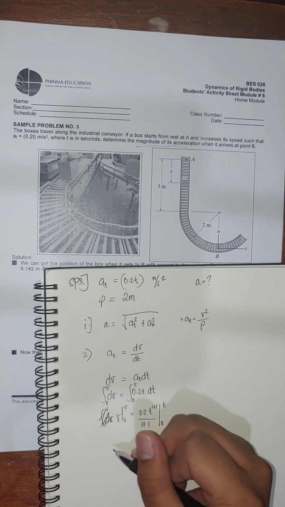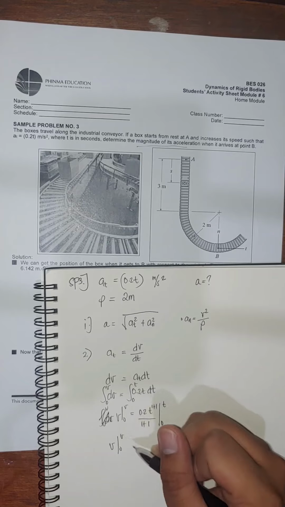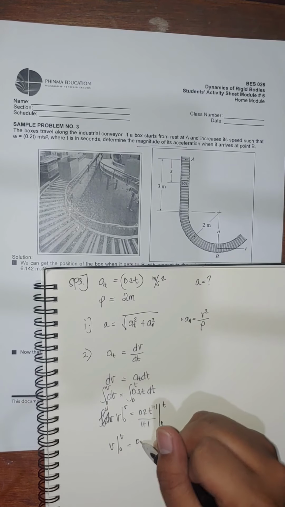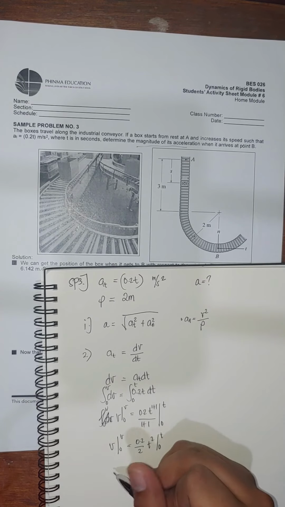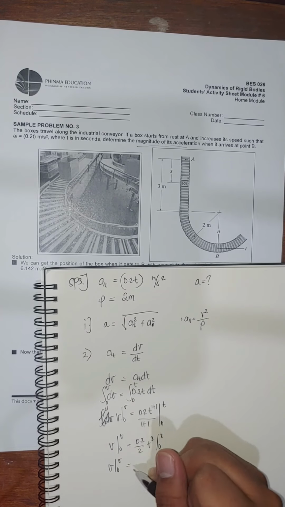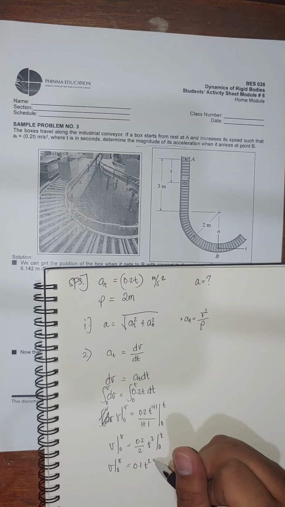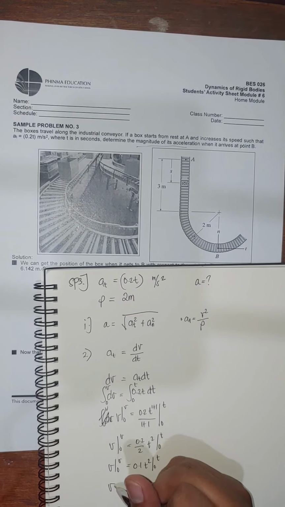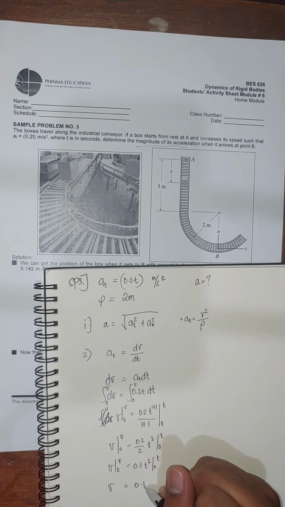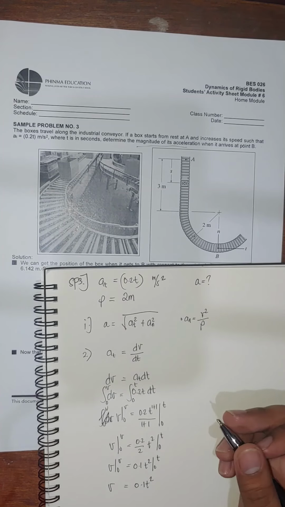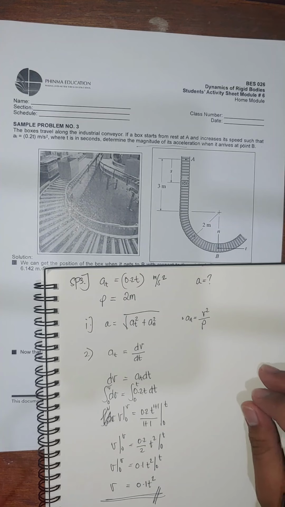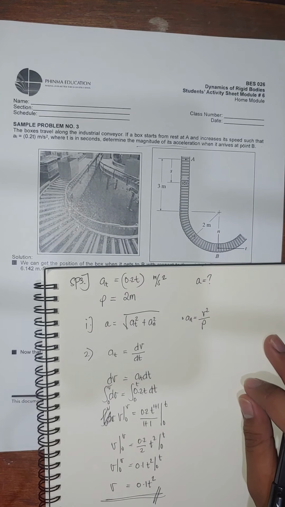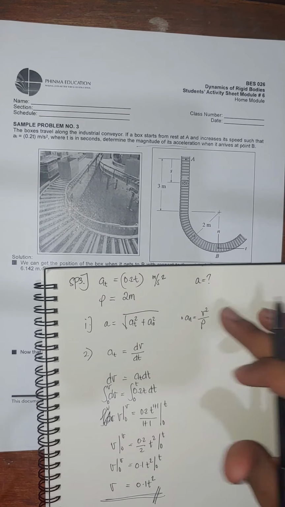Simplifying further, this becomes 0.2 over 2 t squared from 0 to t, or simply 0.1 t squared. So v is equal to 0.1 t squared. This is our formula for the velocity, which we can use here.